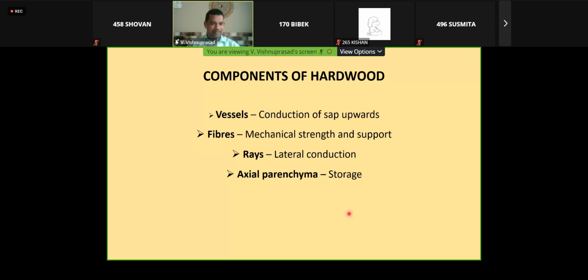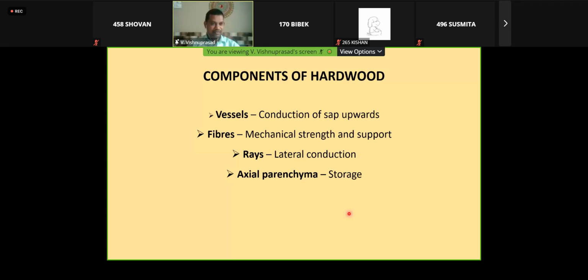Right? Okay. Now, if you see a vessel, I have shown you an individual vessel in a macerated slide, how it appears. So a vessel is a cylindrical structure, but towards the end, there are those openings. Those openings, or the pores which are present, are called perforation plates.